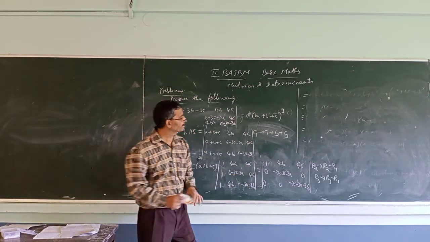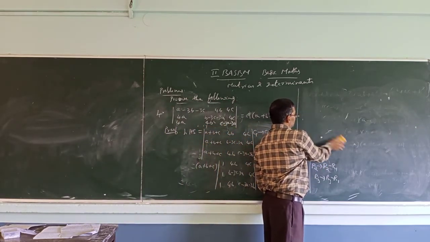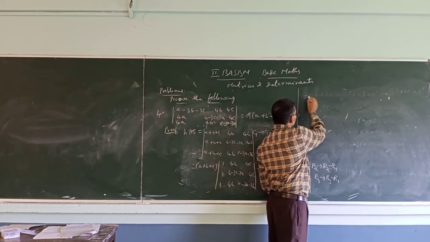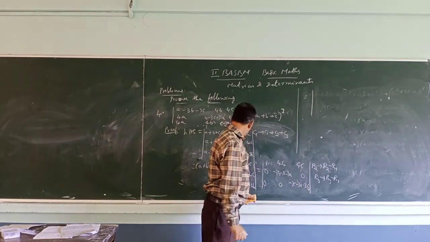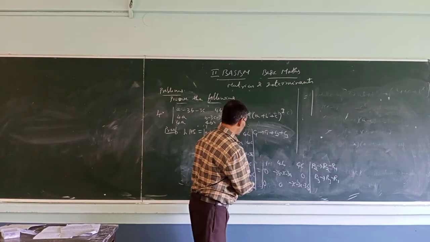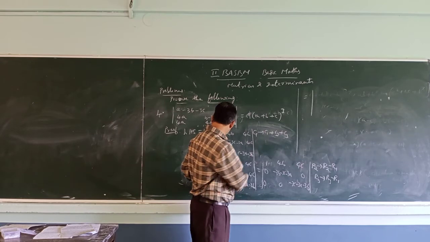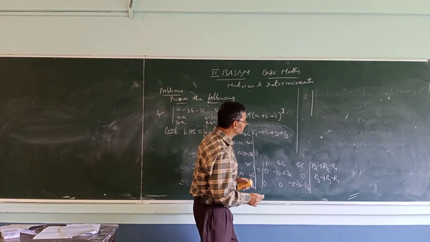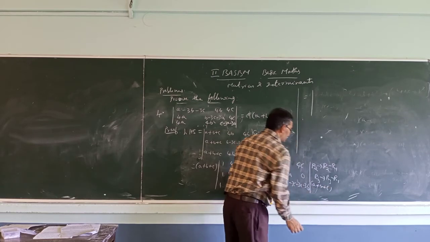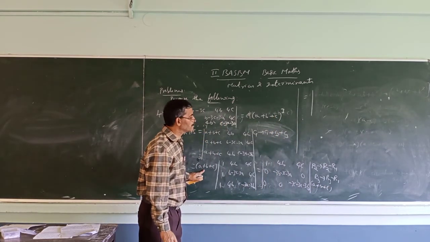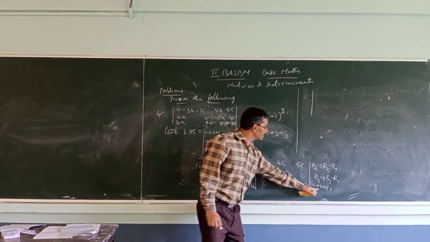Now we will rewrite. This is equal to, so what you have earlier? What I just have here, that is A plus B plus C, into A plus B plus C. I have not written here. Okay, I will write here.